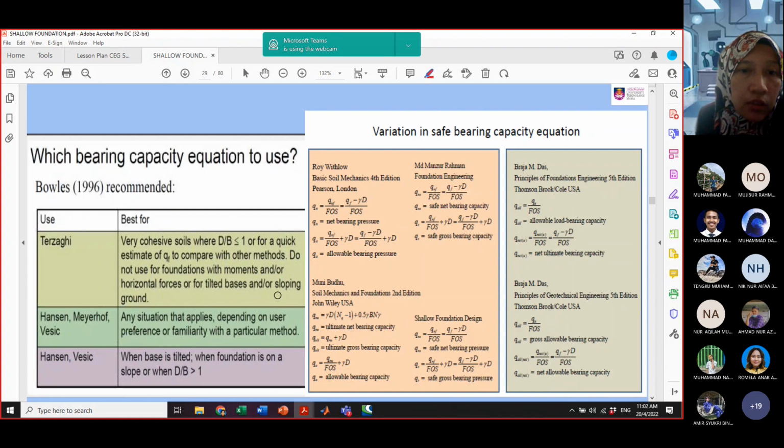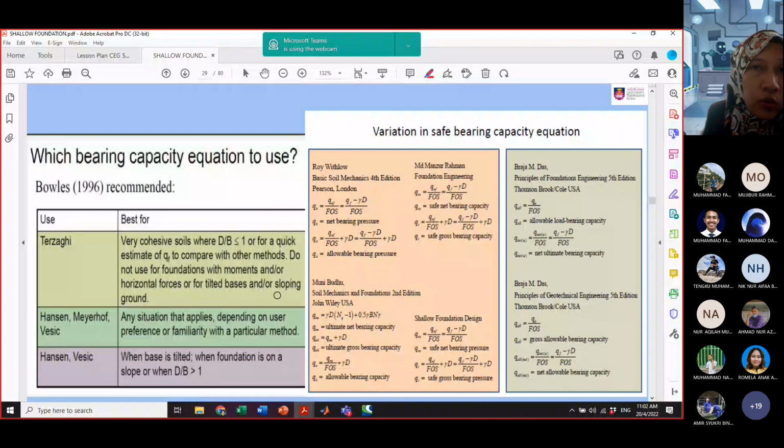Contohnya kalau Terzaghi, very cohesive soil where D over B less than 1 for quick estimate of Qf to compare with other methods. So do not use for foundation with moment and or horizontal forces or for tilted base and or sloping ground. So nampakkan tadi Terzaghi ni dia tak ada effect inclination factor.